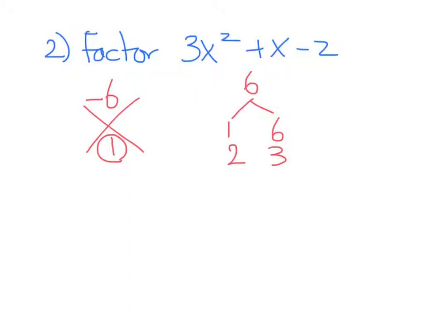Which one do you think should turn into a negative? Yes, the 2 has to be a negative because negative 2 plus 3 is a positive 1. And so we know that we're going to put negative 2 here and 3 over here. Because when we multiply these two numbers together, negative 2 times 3 is negative 6, and negative 2 plus 3 is 1. You see that?